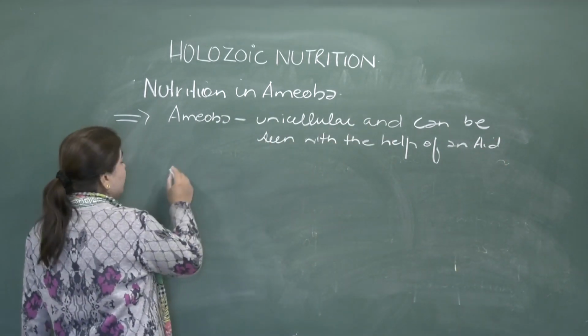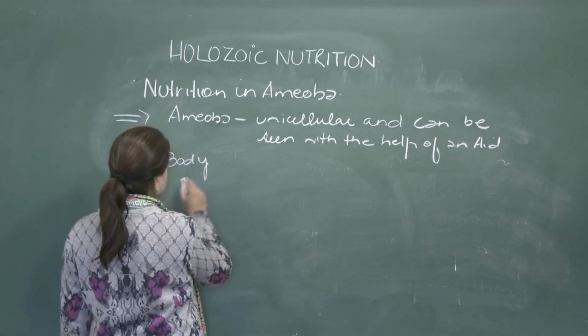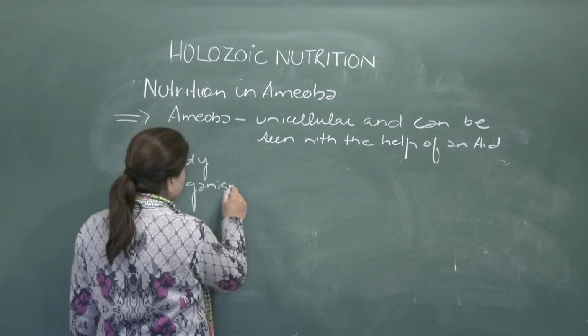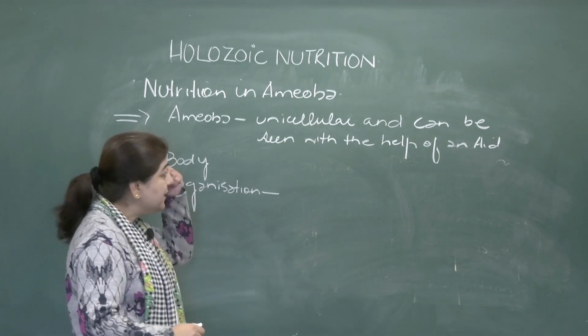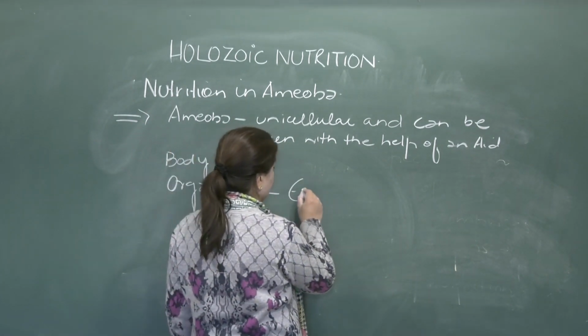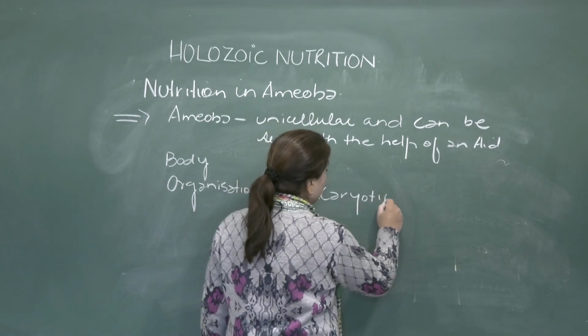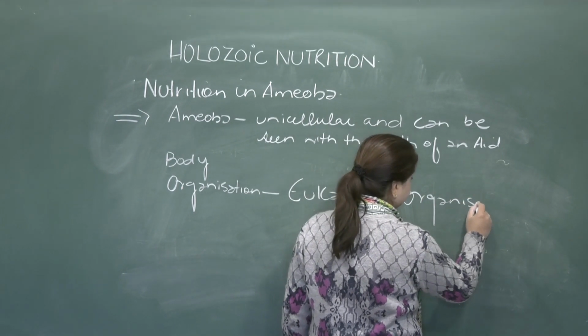So when we talk about the body organization of amoeba, we say that it is basically a eukaryotic organism.